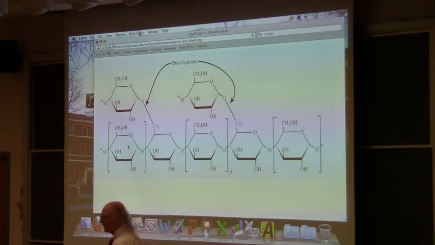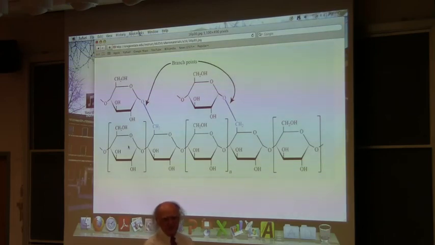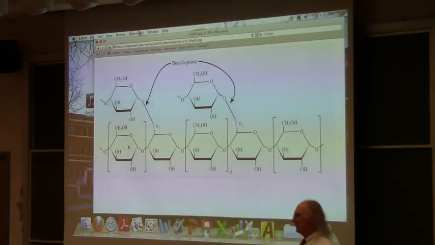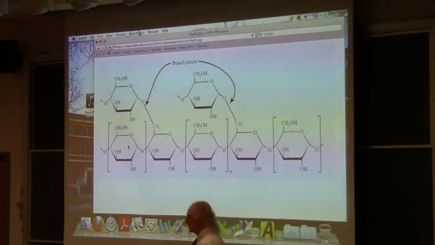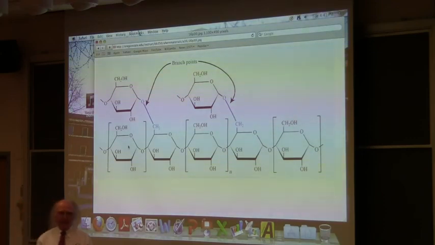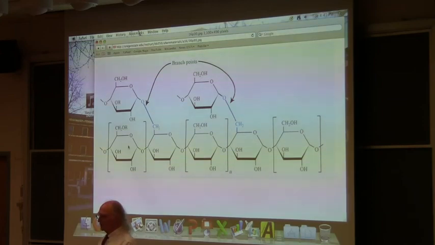Glycogen has branches about 1 in every 10 glucoses. Amylopectin has 1 in about every 30 to 50. So it's not nearly as branched. So I've just given you 3 polysaccharides. Amylose, which has no branches, storage form in plants. Amylopectin, which is also a storage form in plants that has some 1,6 branches.